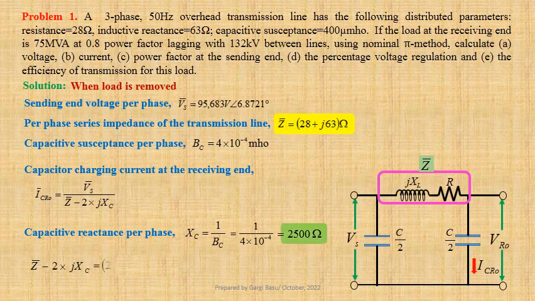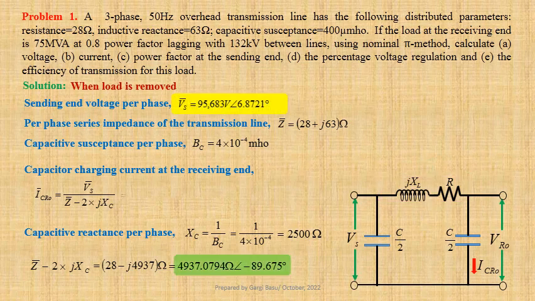Using values we get 28 minus j times 4937 ohm. This may be written in polar form as 4937.0794 ohm at an angle minus 89.675 degree.